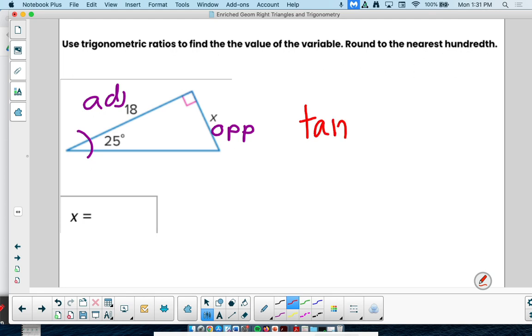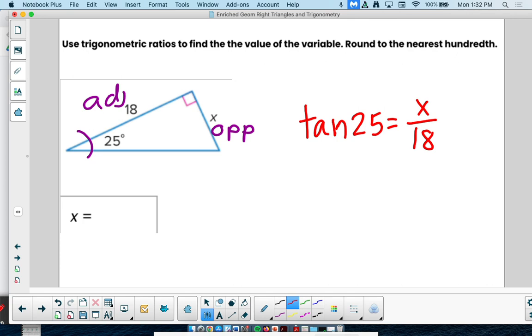So we're going to go tangent of our angle of 25 equals. Yep. Now we want our opposite leg over adjacent. So x over 18. Now it's just like a normal equation.